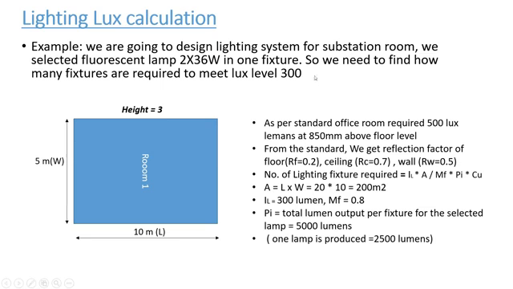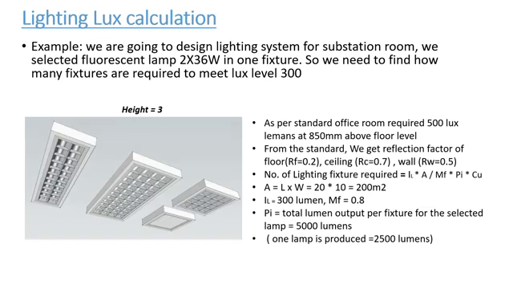As per the standard, a fluorescent lamp is recommended for the substation. So I am going to select a fluorescent lamp, and I am using lighting fixtures instead of connecting single lamps. My lighting fixtures have 2 lamps, and each lamp has an electrical input power of 36 watts.